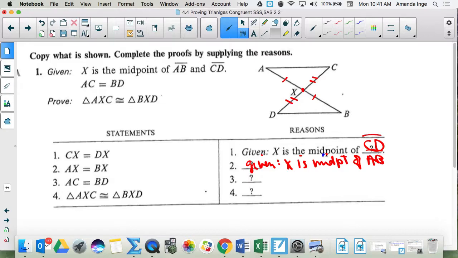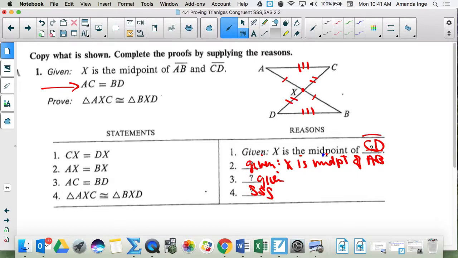AC is equal to BD, and what's the reason for that, y'all? Come on. It's a given. So we're going to say side, side, side, because we have 3 sides and no angles.